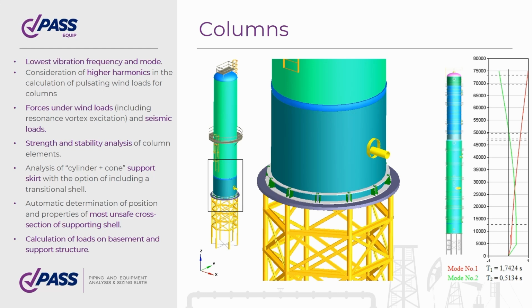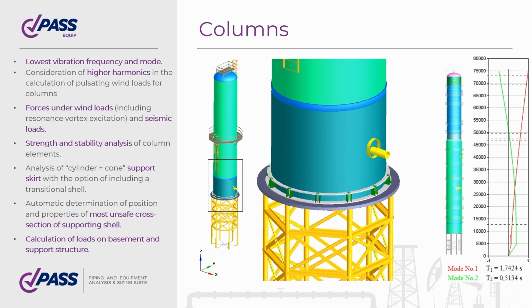Columns. The program determines the lowest frequencies and waveforms for calculating wind and seismic loads. It performs calculation of the strength and stability of the column elements from the received loads, including the skirt. The skirt can have a cylindrical or conical shape and include a transitional shell.